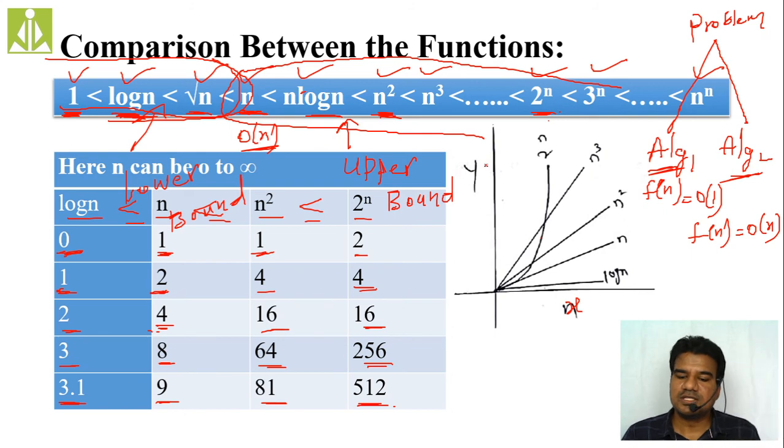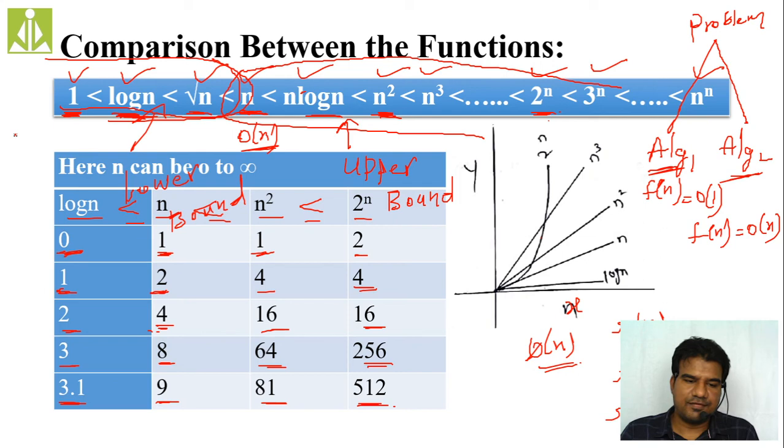Suppose to some function I am getting theta of n, then only theta of n will satisfy. Let me write it here.